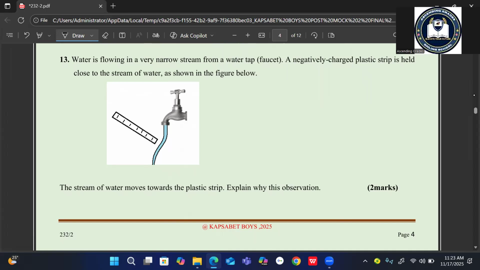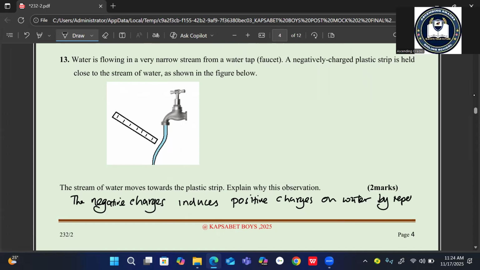This is like some charges are induced. The negative charges induce positive charges on water by repelling the negative charges.